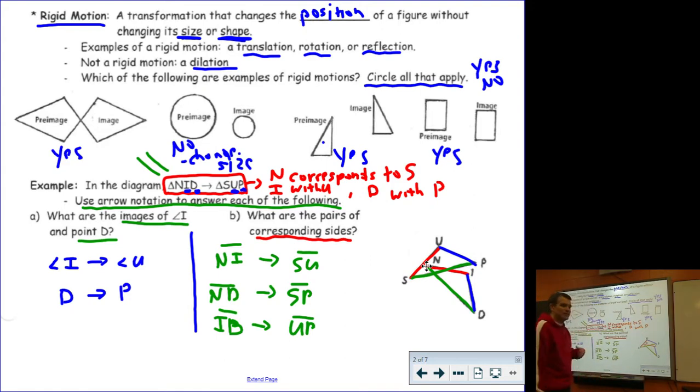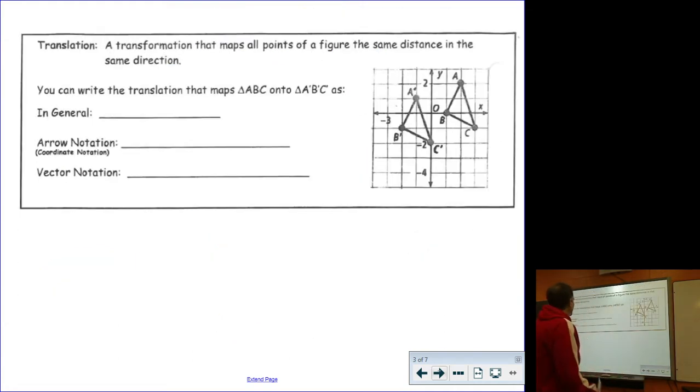All right, so you'll have questions on your homework where you're asked to use arrow notation to show what sides correspond to what sides. All right, so next up, we learn about our first transformation. It's called a translation.